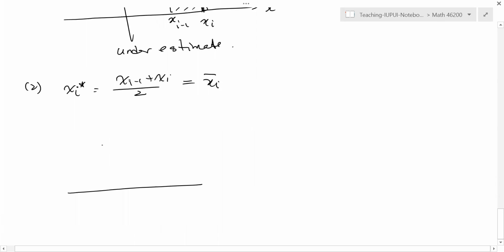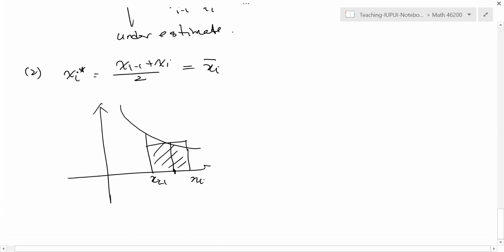Look at the picture here. This is x i minus 1 to x i. So the middle point is here, you see? I think the middle point is better in this particular case, right? So the area of this rectangle is almost equal to the area of the region under that curve.